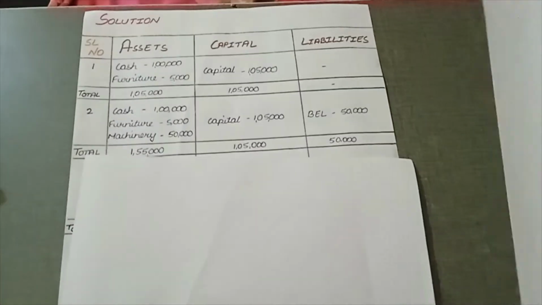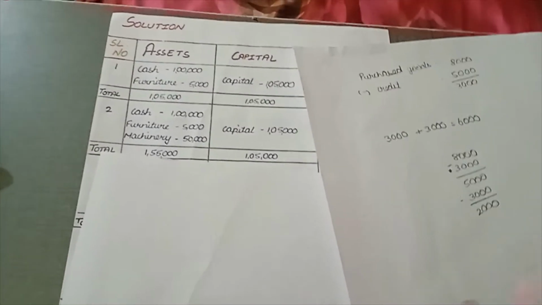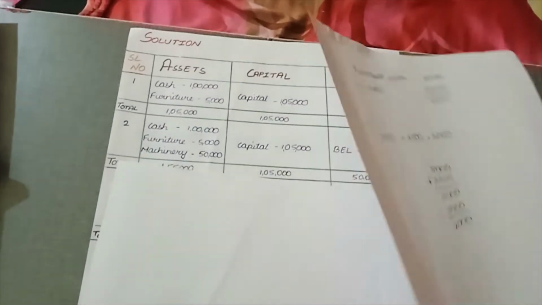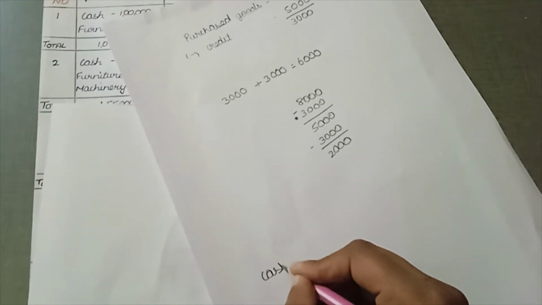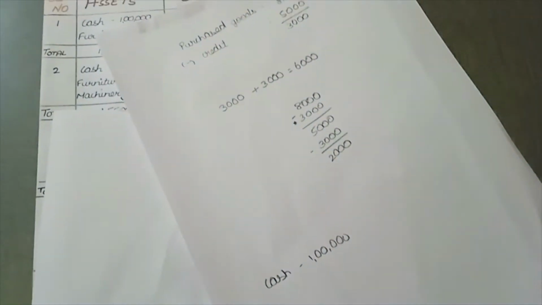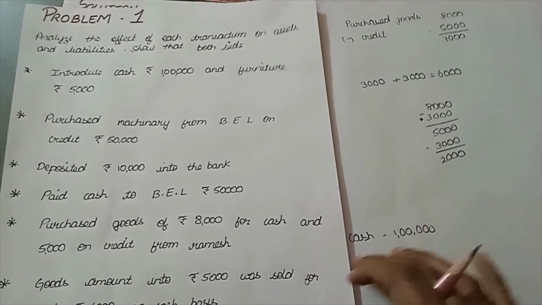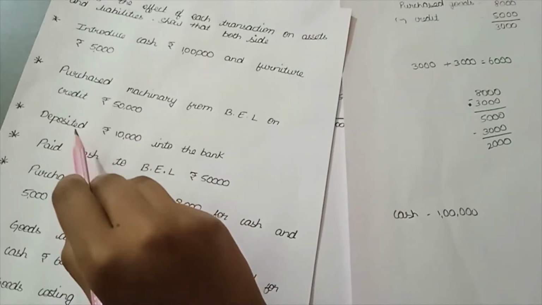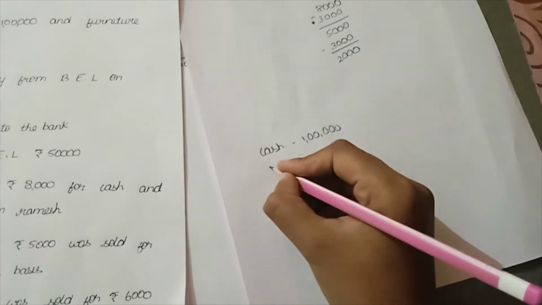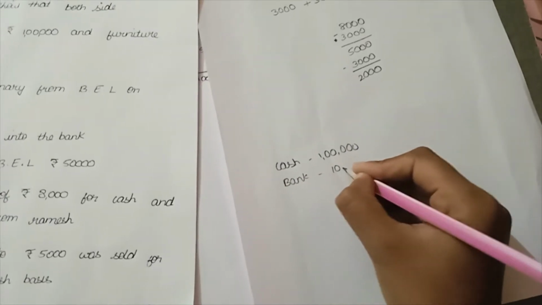Then they are depositing into the bank, so the amount they are taking from the cash account, we have to deduct 10,000 from the cash account. Cash account was 1 lakh. Then we are depositing 10,000 to the bank account, that would be 10,000 rupees.